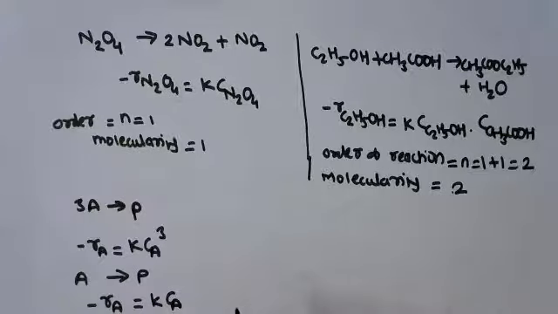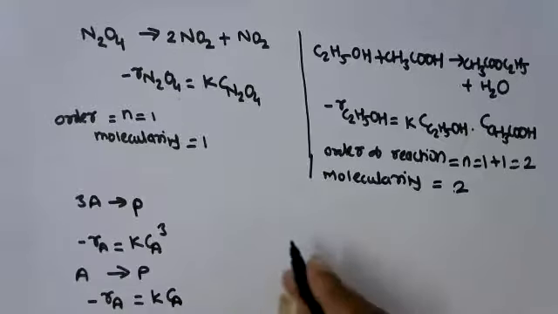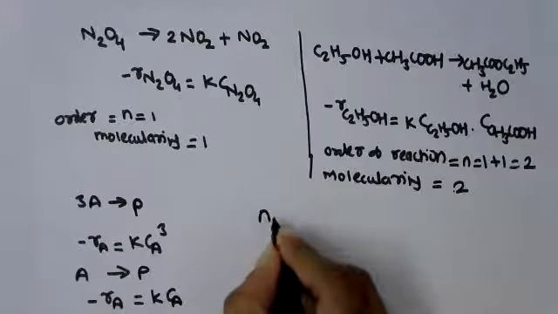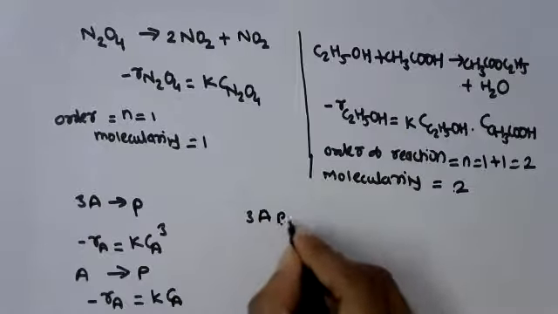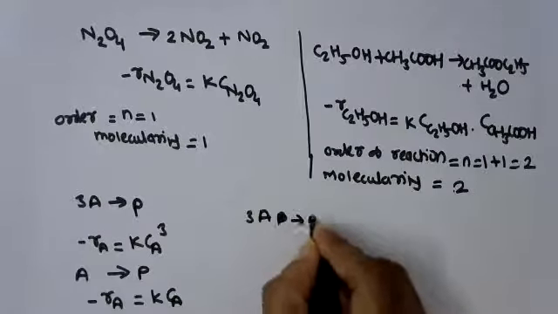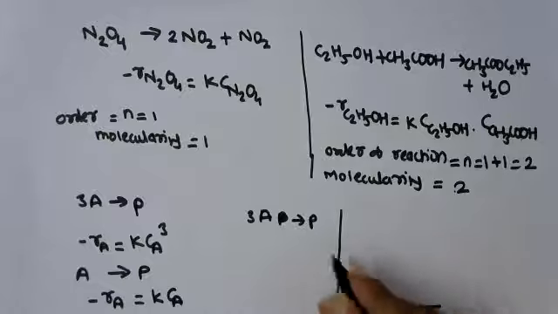If I have to explain this, suppose the reaction is elementary, say 3A gives P. Now one energy barrier is to be overcome means what? Say this is the initial state of the reactant.